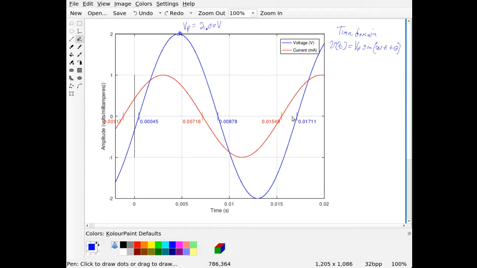So when we calculate the period, we need to look at the end time, the end time minus the start time, which is over here.